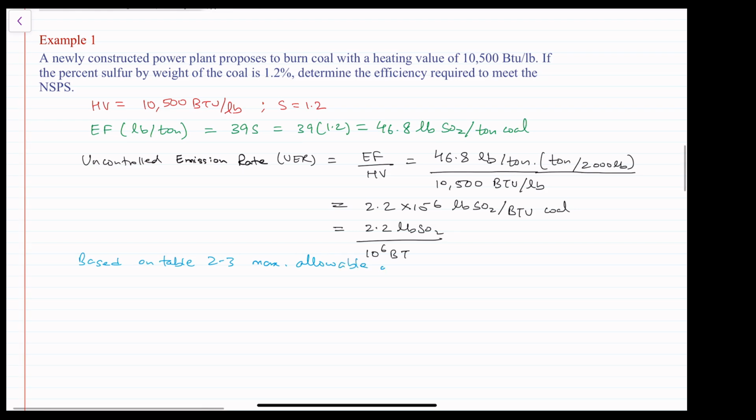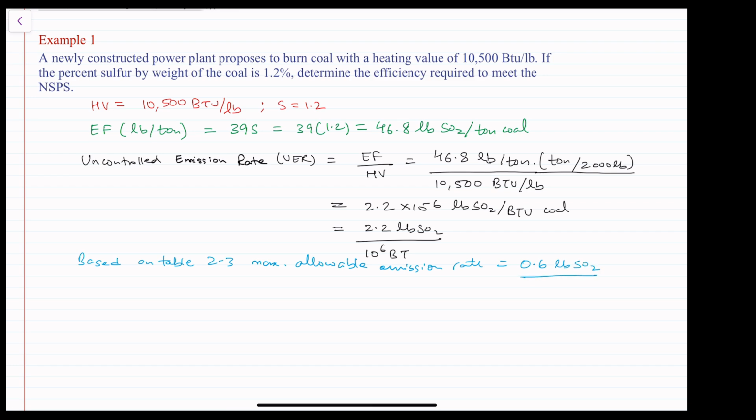So the maximum allowable emission rate would be equal to 0.6 pounds of SO2 per million BTUs. So the efficiency needed would be, we have 2.2, we can only emit 0.6, so we have to remove this much and divide by 2.2, that is 0.74. So we need 74% removal efficiency.